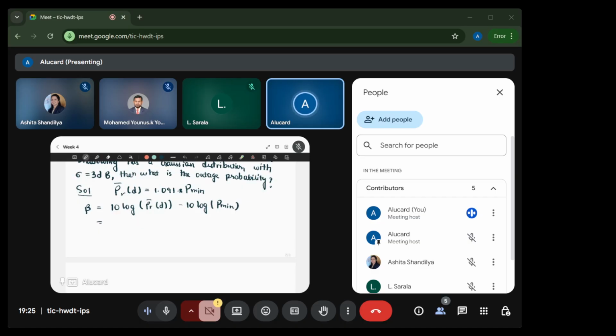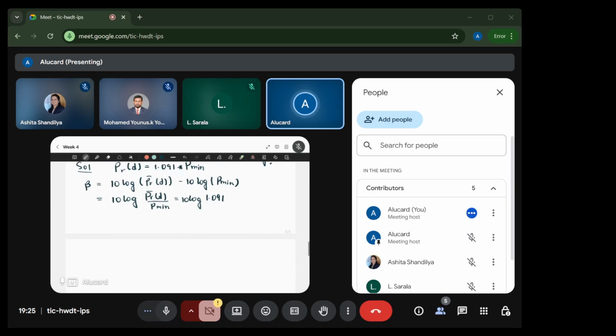But this is nothing but 10 log PR by Pmin, which is 1.01091, because PR is 1.091 times Pmin.